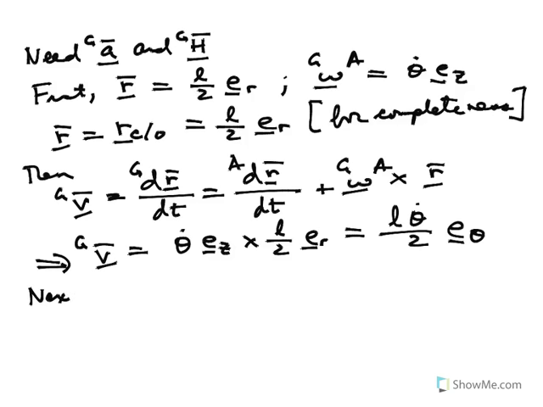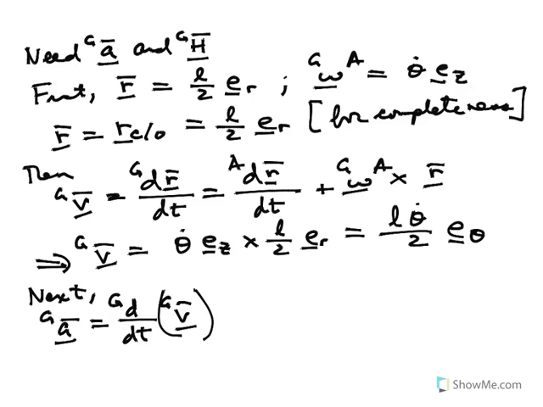Next, the acceleration of the center of mass in the ground is equal to the rate of change in the ground of the velocity of the center of mass as viewed by an observer fixed to the ground.